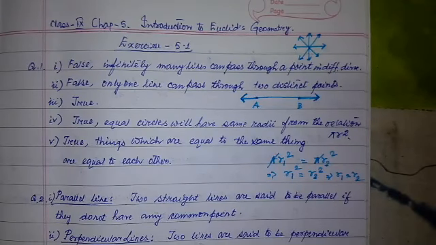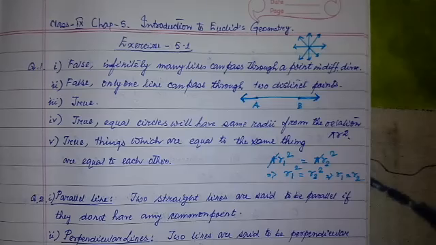Now the fifth statement. We are given a figure. In the figure, it is given that line segment AB is equal to line segment PQ, and line segment PQ is equal to line segment XY. Then AB is equal to XY. This statement is true.